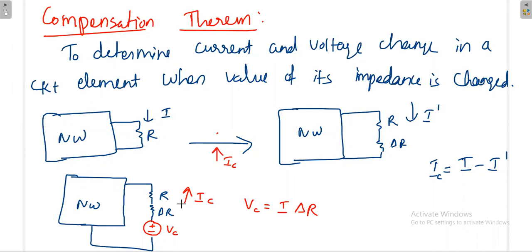That's why you have to remove the effect of all the sources here. Then you'll get the correct answer.